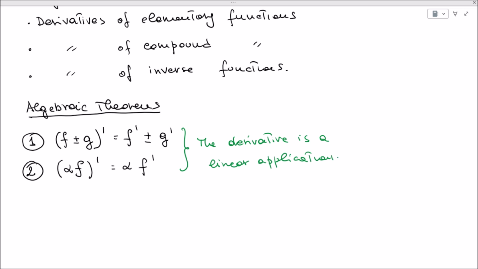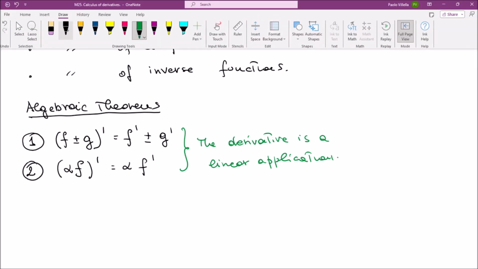We will come back to this later, but the thing is that the derivative of the sum of two functions is equal to the sum of the derivatives, and the derivative of a multiple of the function is the multiple of the derivative. So these two things together say that the derivative is a linear application.